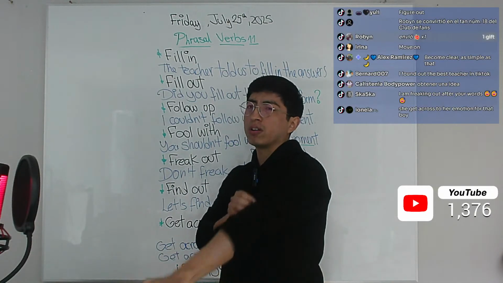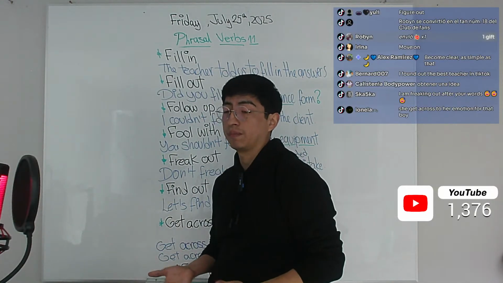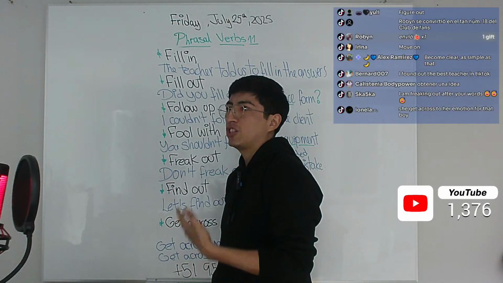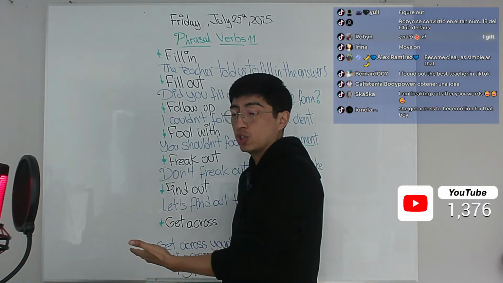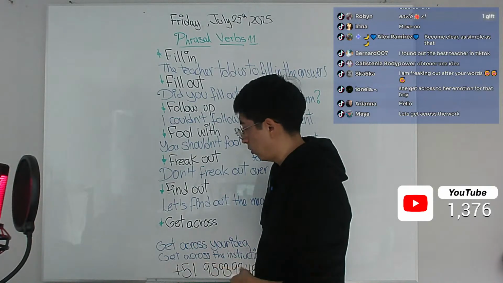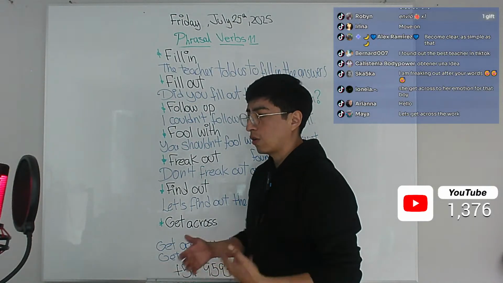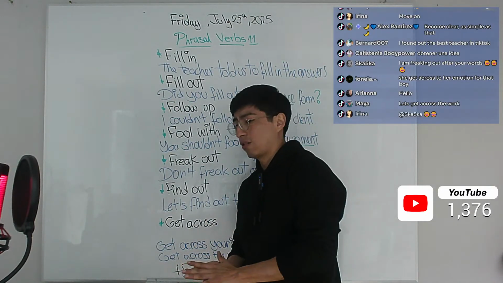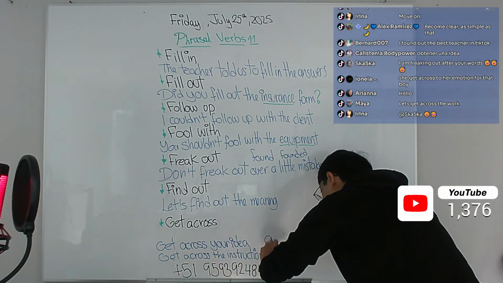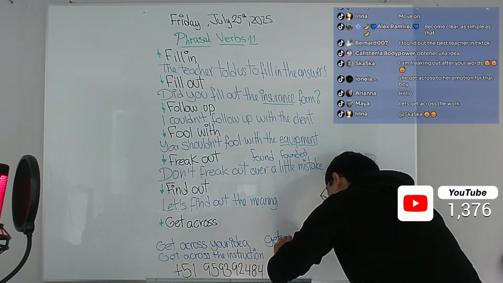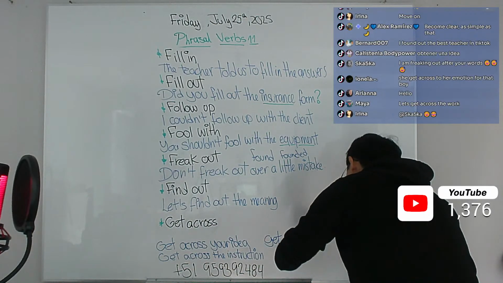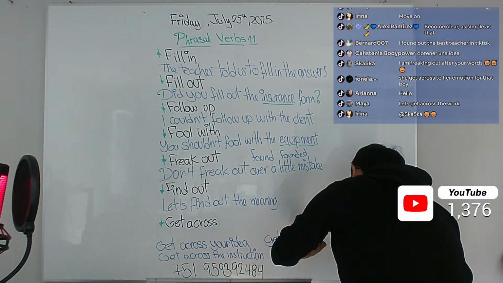But you can say, she expressed it clearly, she presented a clear message. So you can use other options. But as I told you, get across sounds very technical. Get across your concerns. Maybe you can say the neighbors got across their concerns, they were worried about that.